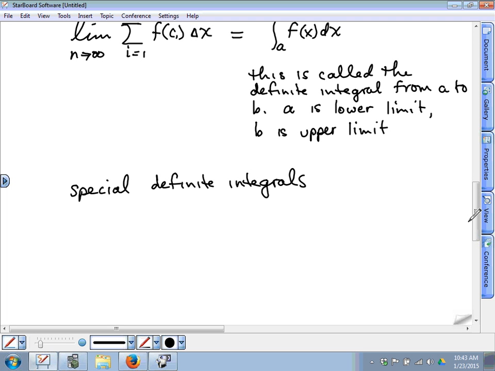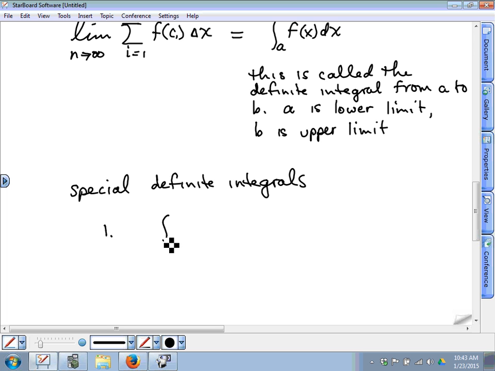That number 61 that we spent forever on, what is it we were trying to find? Area under a curve, right? Between 1 and 3. What if the upper bound and the lower bound were the same number? What would the area under the curve be if we're going from 1 to 1?